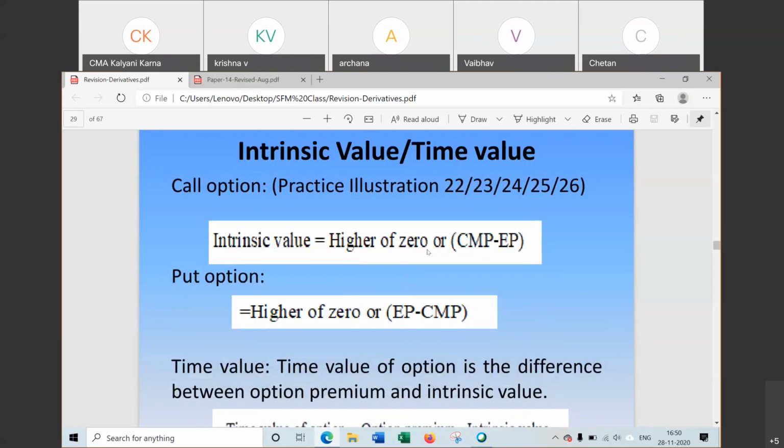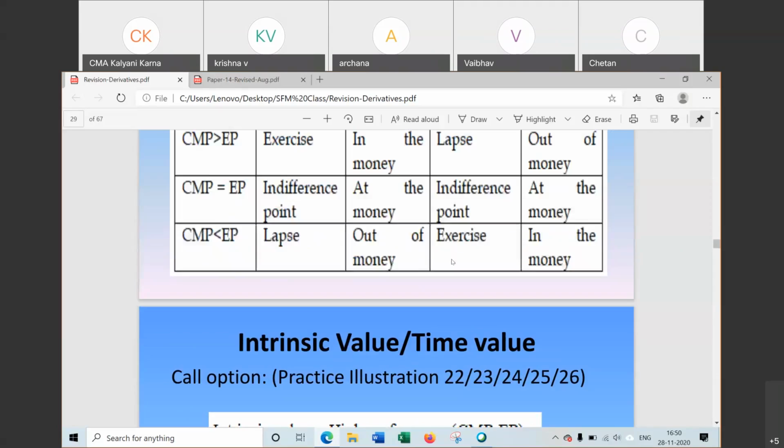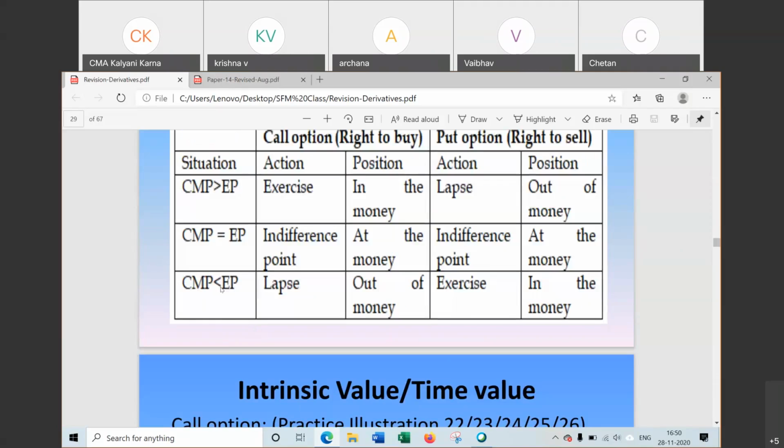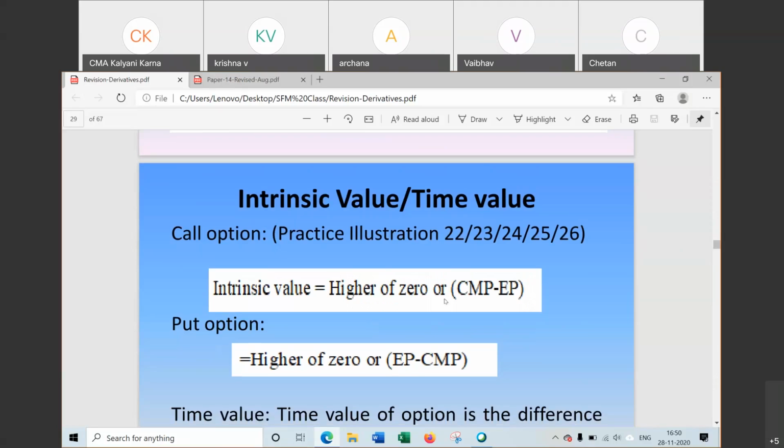So the higher of 0, if it is negative, that will be taken as 0, because if it is negative, तो आपका वो contract lapse हो जाएगा. So negative is not taken, either 0 or the positive difference, that is CMP minus EP.